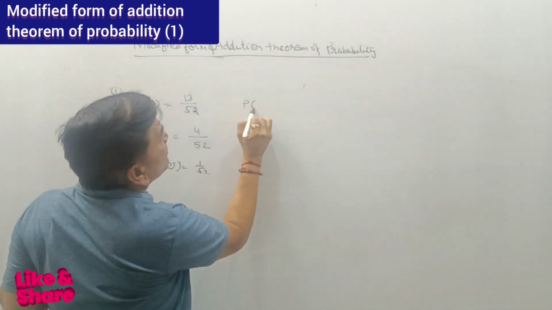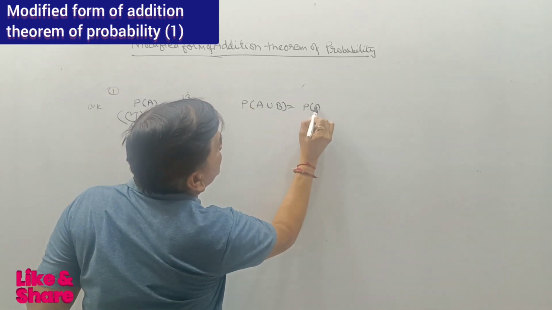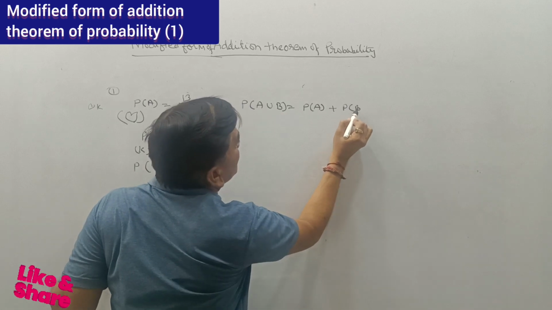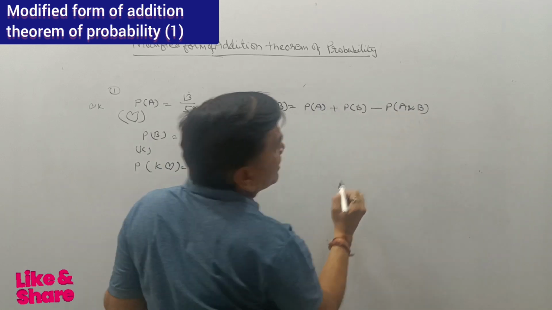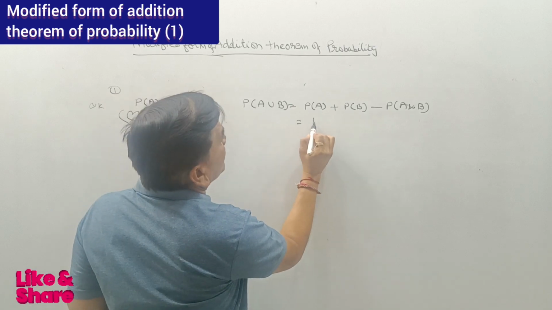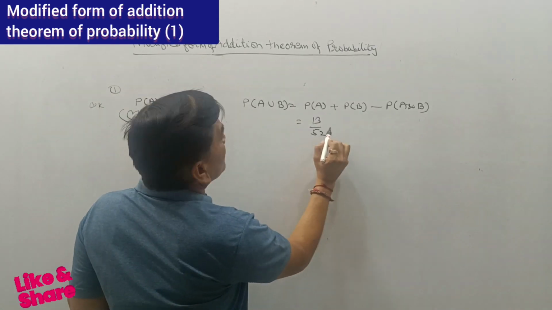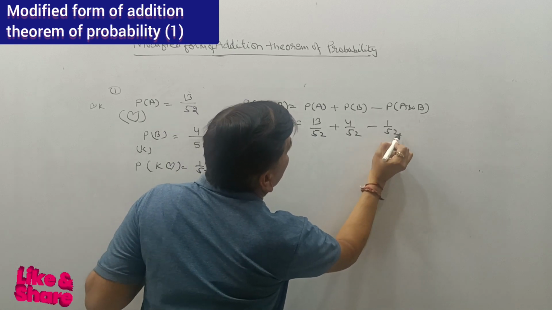So for getting the probability of A union B, that is probability of A plus probability of B minus probability of A and B. So this will be 13 divided by 52 plus 4 divided by 52 minus 1 divided by 52.